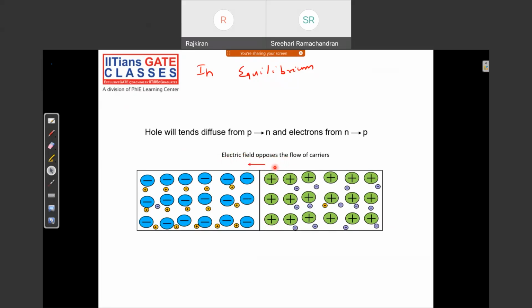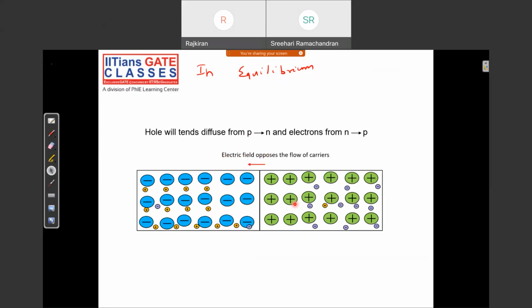It will oppose the motion of holes from the p side to the n side, and similarly it will oppose the motion of electrons from the n side to the p side. But initially the electric field is small compared to the diffusion force, so again there will be further flow of carriers, like this.